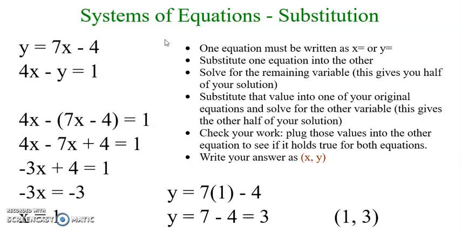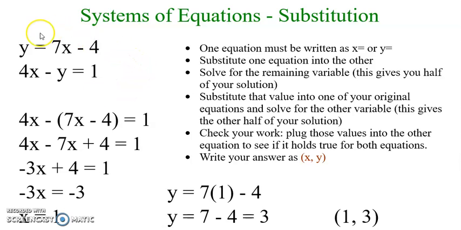We can't solve for x or y the way it's written when we have two equations, but if we can combine them and get rid of one of our variables, then we can solve for the other one and then piece it all together and find the other variable to get our solution.